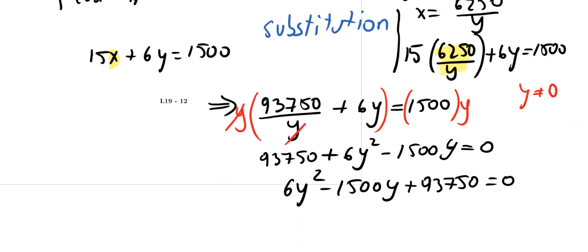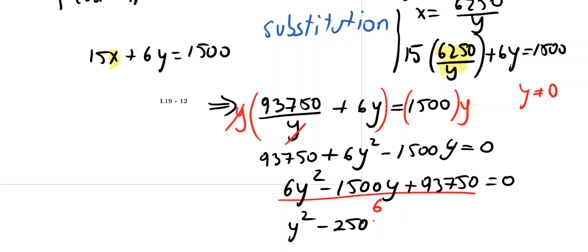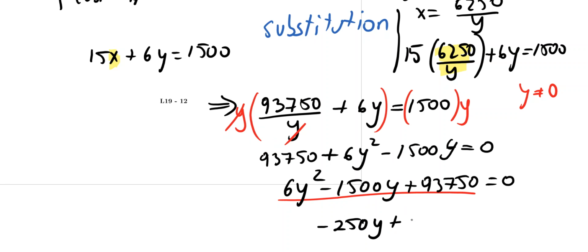Solving for this, let's divide by 6. So I will get y squared minus 250y plus 15625.